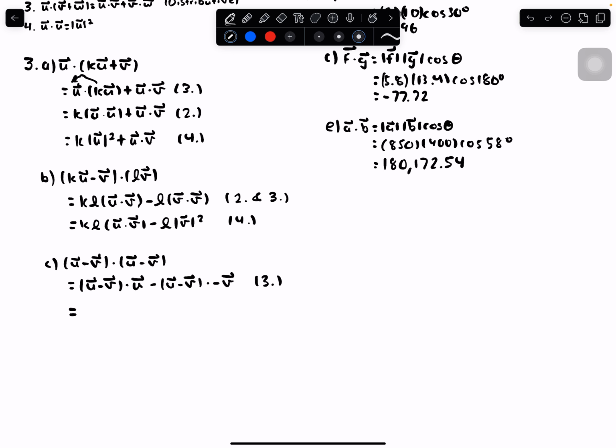We get u dot u minus v dot u from this one, and then this one will give us minus v dot u plus v dot v, because the minuses cancel.